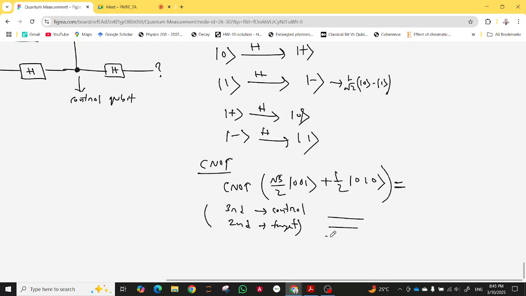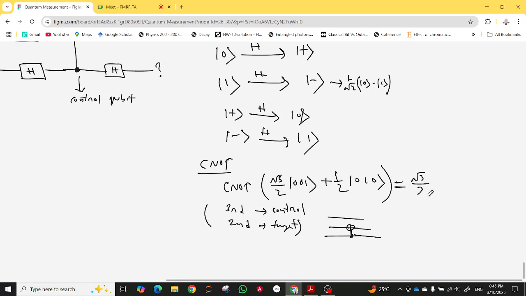So if you want to draw a diagram, third is the control and second is the target. So it is like this only. Okay, so if you apply CNOT here, what will happen?